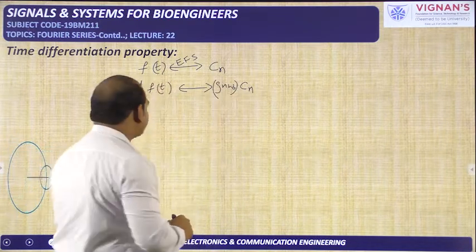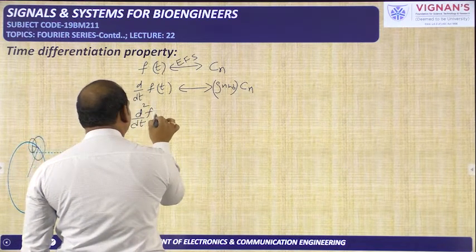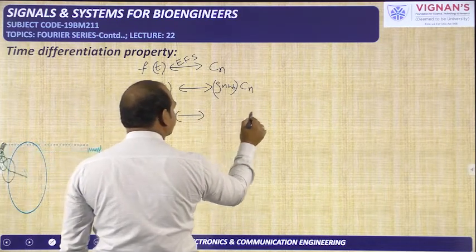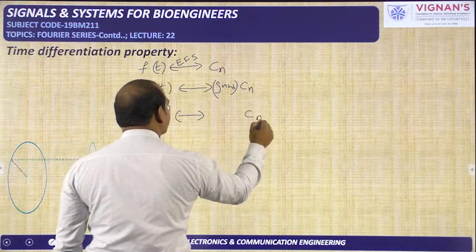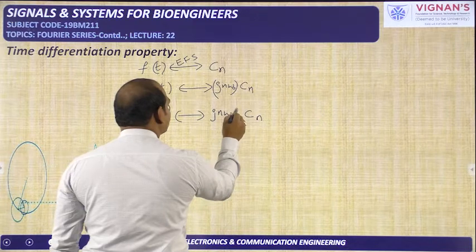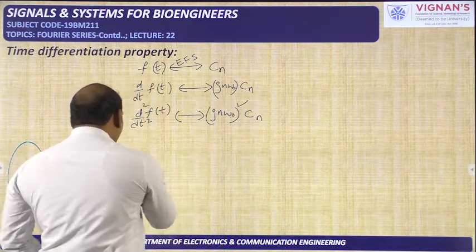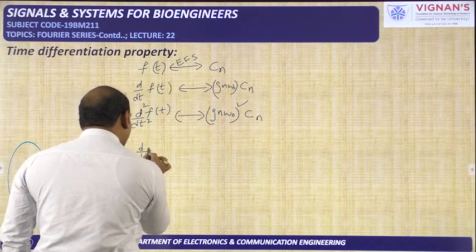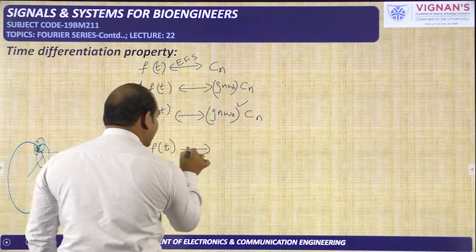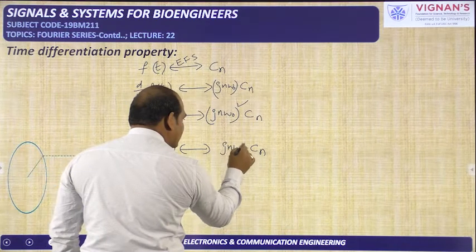Next, if I do another differentiation, that is d square f of t by dt square, then the exponential Fourier series coefficient is Cn from f of t, and because of two times differentiation, j n omega naught will appear two times. Next, if you differentiate k times, then you need to multiply Cn with j n omega naught k times.